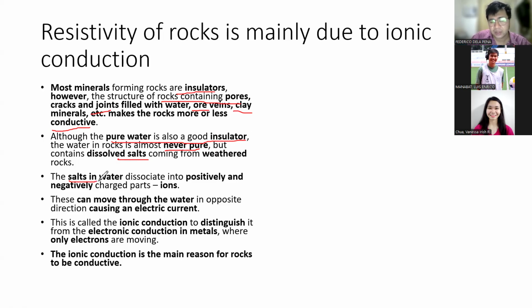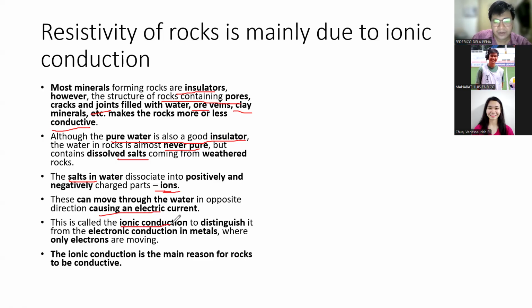Salt water also has ions, which also conduct electricity. Ions can just move through your water, and it can induce an electric current. And this is actually an important way of transmitting electrical particles, like ions.